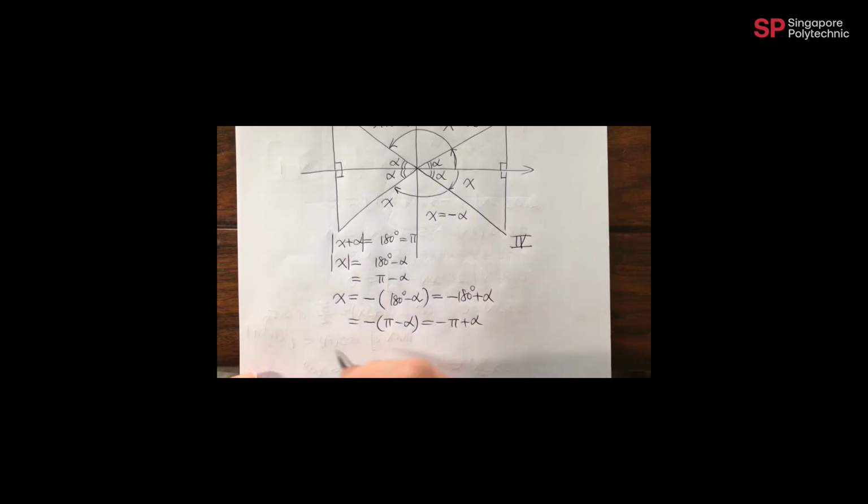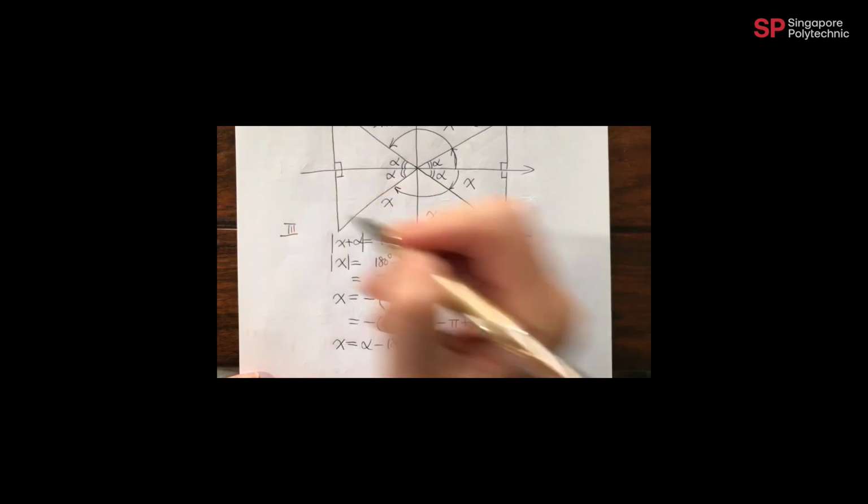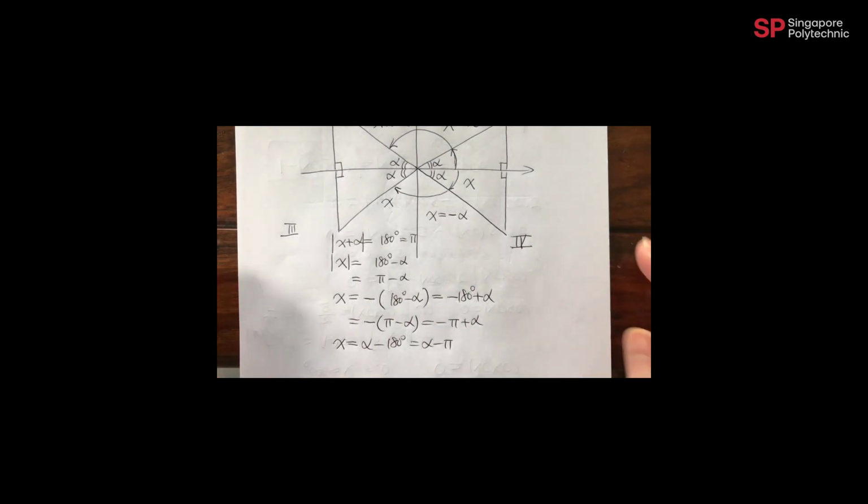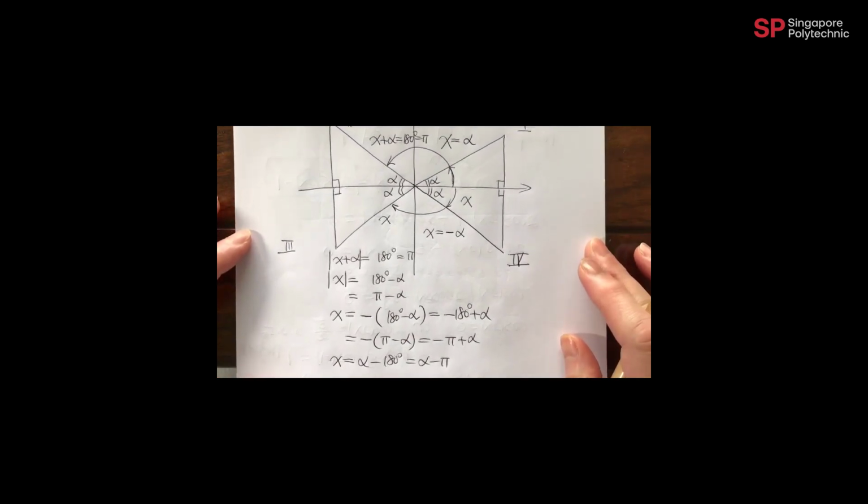Open the brackets, it gives me minus 180 plus alpha or minus pi plus alpha. And if you want to write the positive term first, I can rewrite it as x equals alpha minus 180 degree or alpha minus pi. So this is for our third quadrant. Sorry, this is our second butterfly diagram.